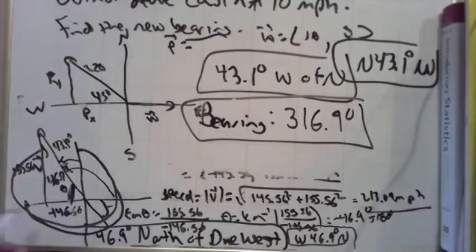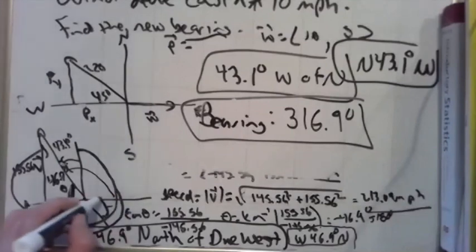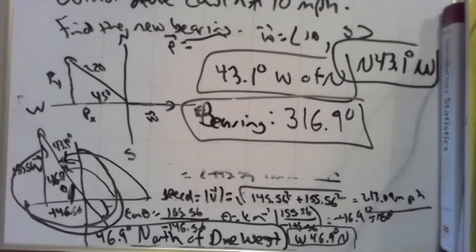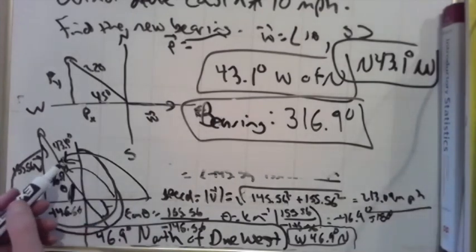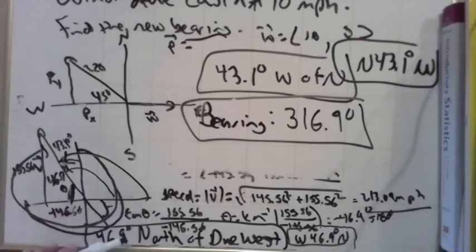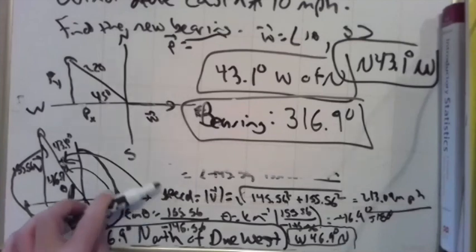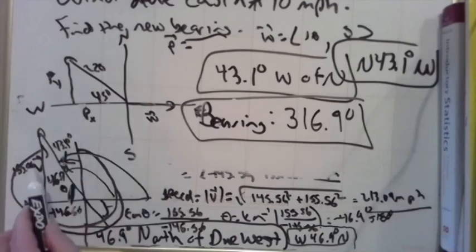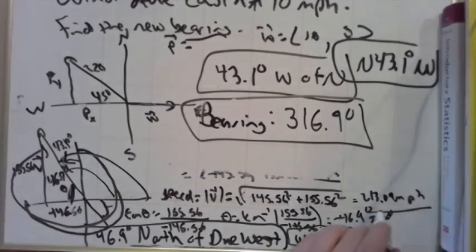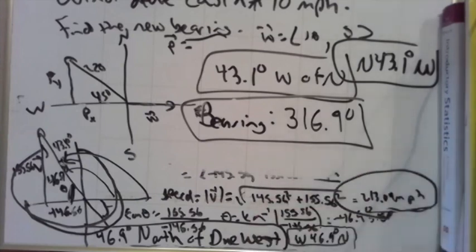If you wanted to give that angle, 133 degrees, I guess, counterclockwise from due east. It would be a weird way to say it, but that would be acceptable. There are a lot of different ways to write out the direction. Don't forget this part though. Speed, 213 miles per hour. Don't forget your units there.